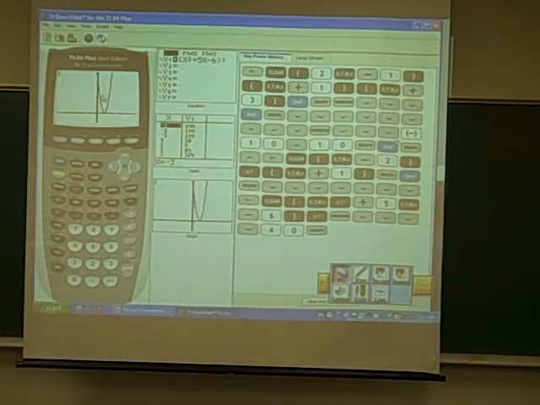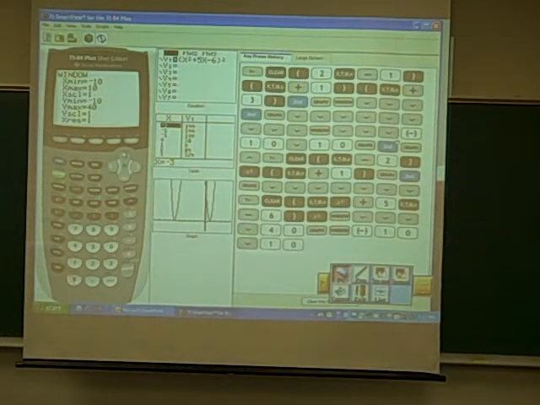Well, it looks like some points, but we had a -6, so we have to go back and change our x min. So we're going to set that to -10 and 10. And it looked like it went off the scale, so we're going to have to set our y min to, let's say, well, it looks like -10 is okay, but the 40 looks like it went higher than 40.